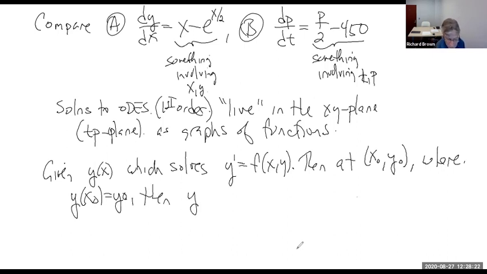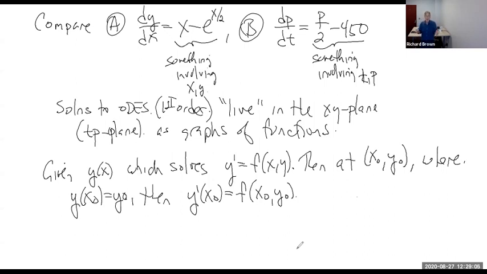Then I know by the differential equation that y prime at x0, its derivative at x0, is going to be precisely equal to the right-hand side of the differential equation evaluated at x0 and y0. That's useful because I don't need to calculate a solution to know the slope of my solution curve at a point.